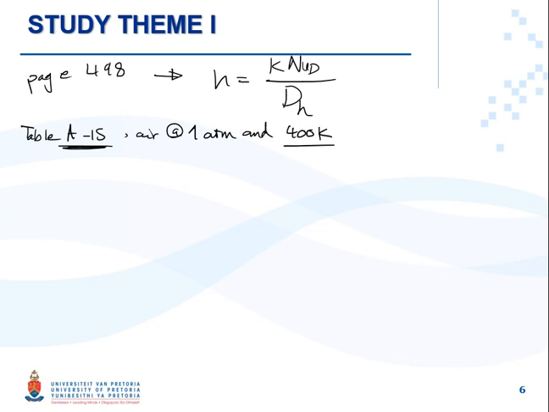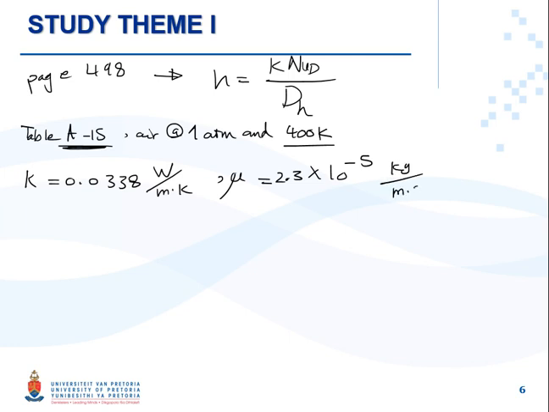If we go to table A15 by considering those two, we can get some information. K we can find as 0.0338 watt per meter Kelvin, mu is equal to 2.3 times 10 to the minus 5, Cp is equal to 9 joule per kilogram Kelvin, and Prandtl is equal to 0.69. So that is the information we find from table A15 that we can use.